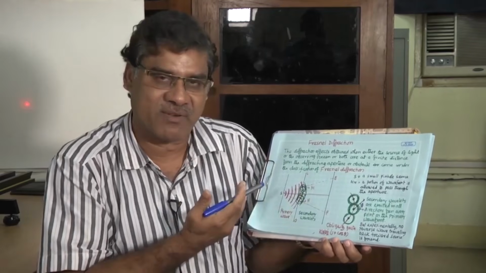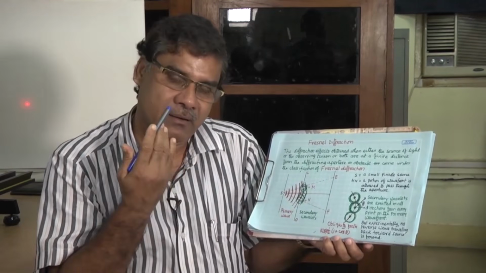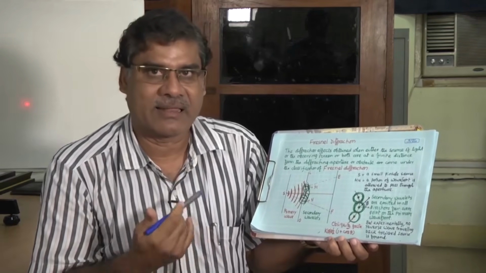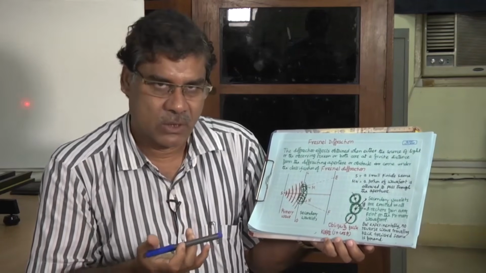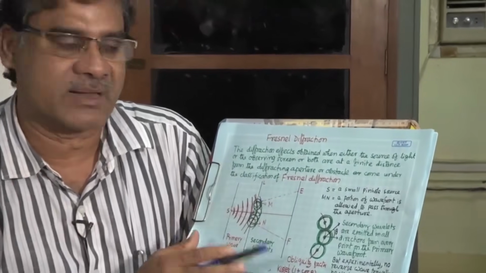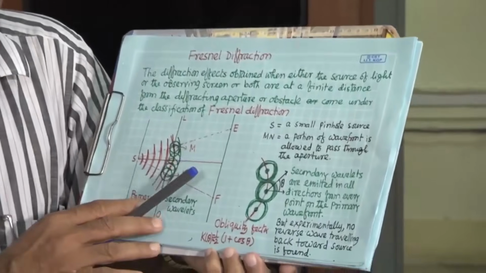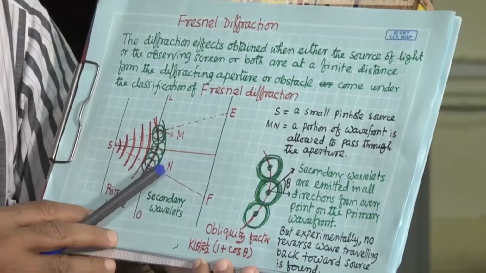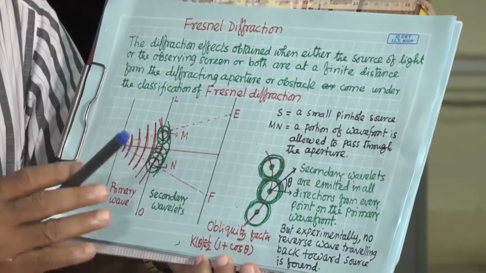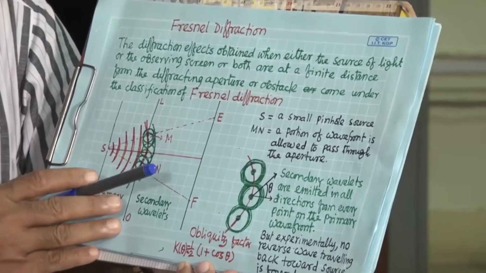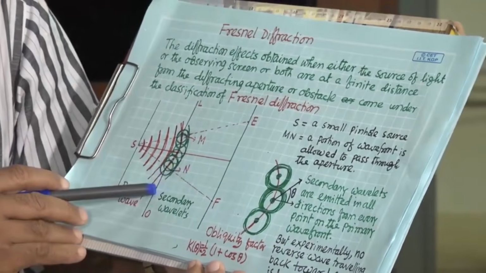There are two types of diffraction: one is Fresnel diffraction, another is Fraunhofer diffraction. The distinction between Fresnel and Fraunhofer depends on the distance of the object and the screen from the grating.